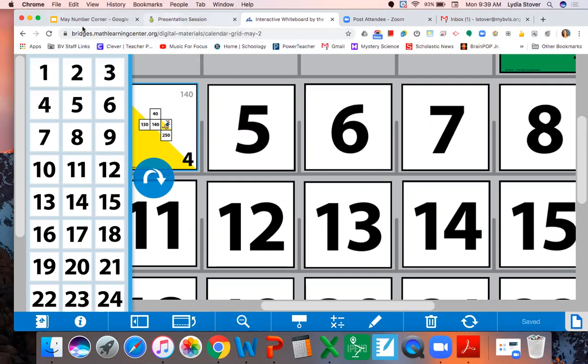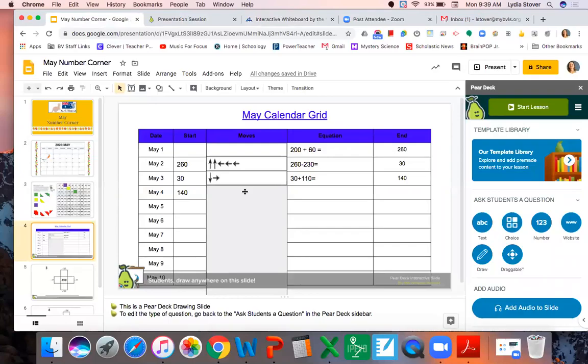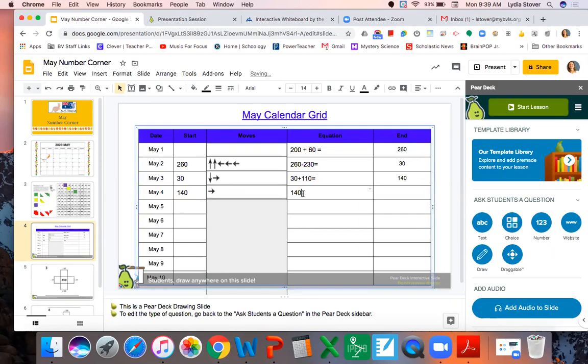Well, let's go back, take a look. We're at 140. That means she went over 1, 10. So that is what you should be writing right now: 140 plus 10, and then write down what number kangaroo ended on.